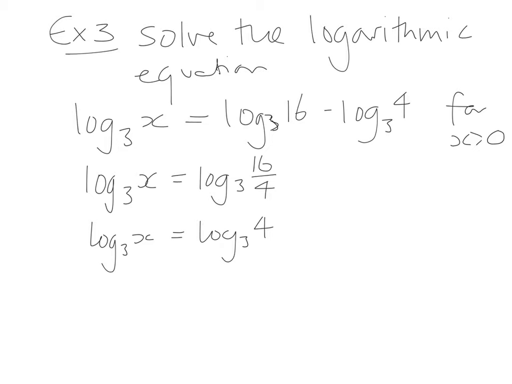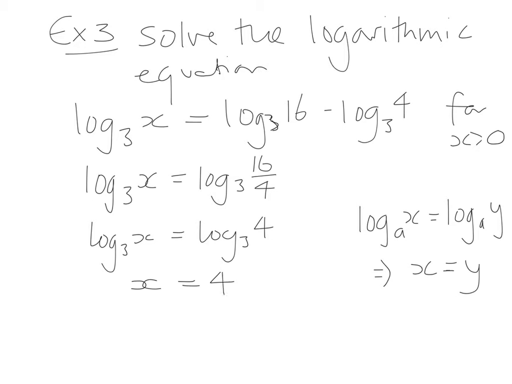Now at this stage, I want to point out that log to the base a of x equal to log to the base a of y becomes x equal to y. So it's almost like the logs just cancel out there. You have the same log on both sides. So as long as the bases are the same, we can cancel out the logs and we're left with x equal to 4 in our case.